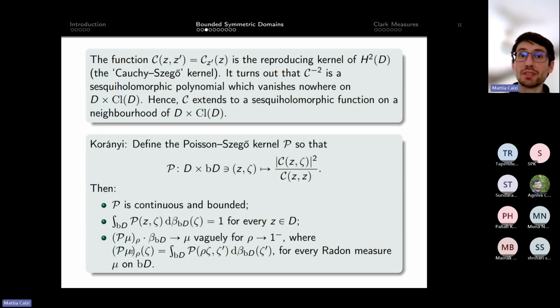And it has some similar properties because it is a continuous function, it is bounded, it gives rise to probability measures on the Shilov boundary, and it has some approximate identity properties, meaning that if you take the dilates of this Poisson integral, these dilates considered as measures on the Shilov boundary converge to the measure mu. Vague convergence is the same as weak convergence, so convergence against continuous functions on the Shilov boundary.